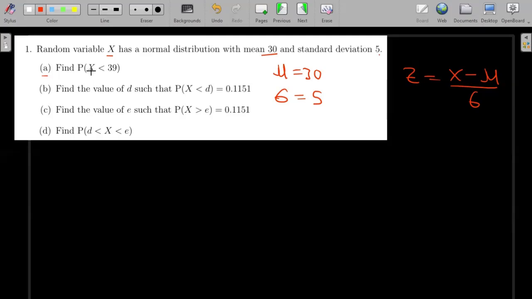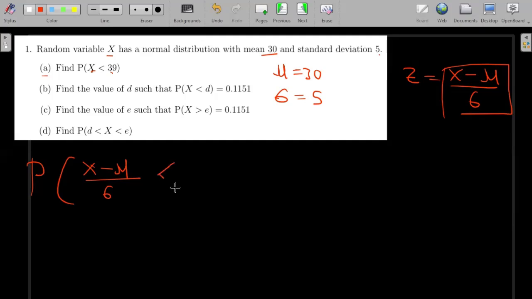So we can standardize this x and this 39. I'm going to say probability. How do I standardize this x? I just write it in this form: x minus the mean, then divided by the standard deviation, less than 39 minus the mean, which is 30, and then divided by the standard deviation, which is 5.